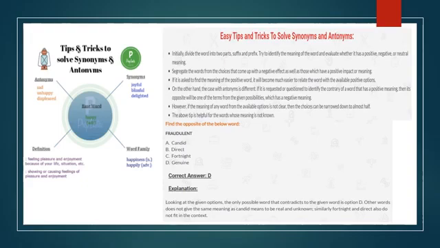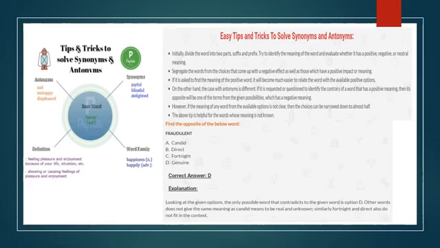Now let's see some more tricks here. Initially divide the word into two parts, prefix and suffix. In the case of the word happy, take unhappy. What is un? Un is a prefix. And in happiness, ness is a suffix. So you remember this prefix and suffix.